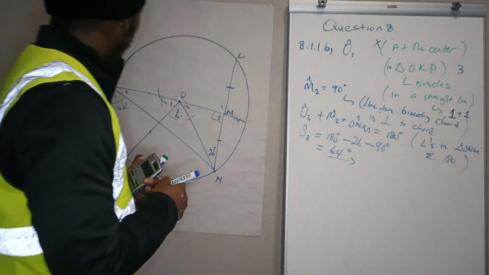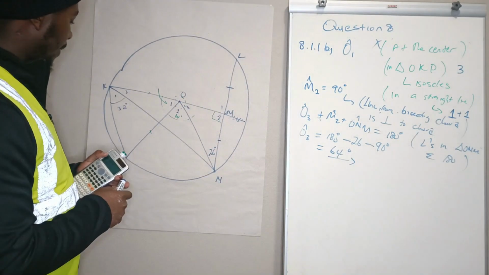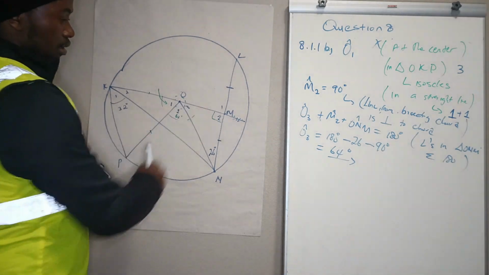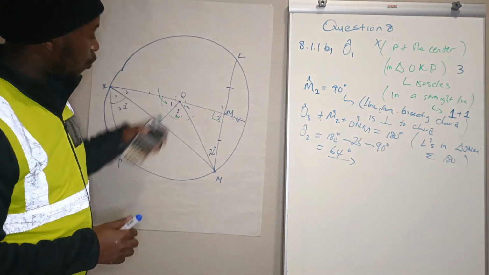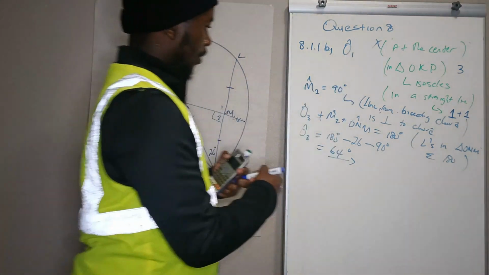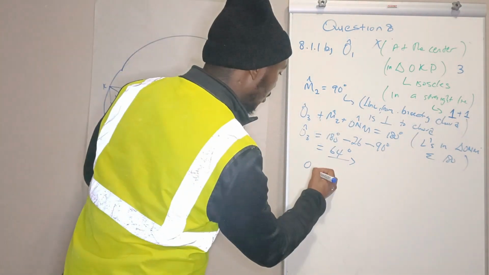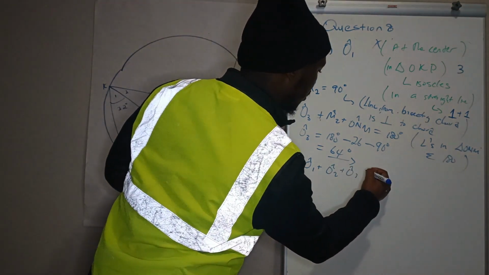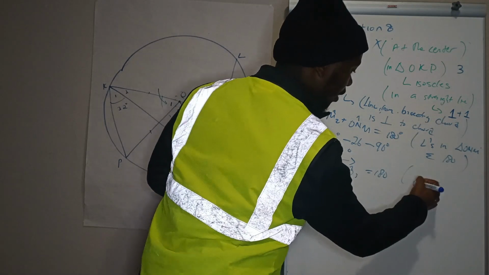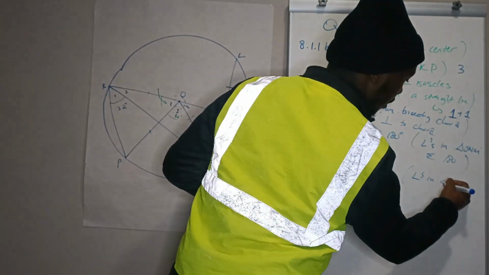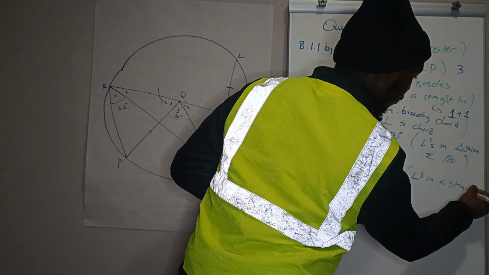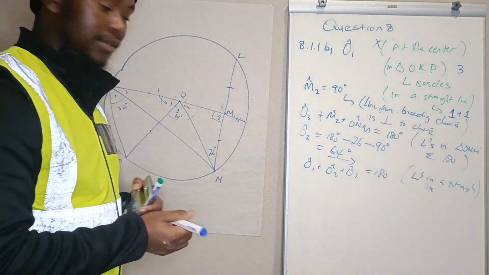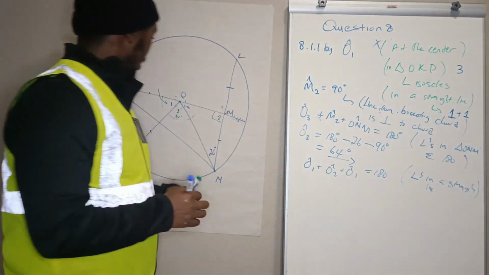All right. Now that we found O3, we mentioned that we can find O1 because it's in a straight line. So we know that O1 plus O2 plus O3 should sum up to 180, angles in a straight line.